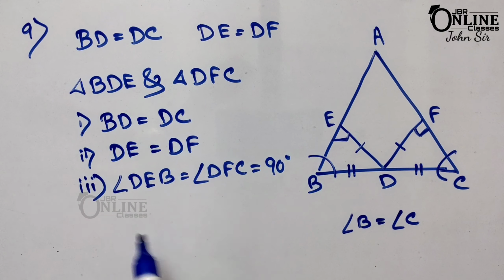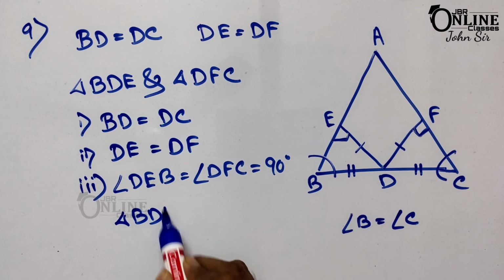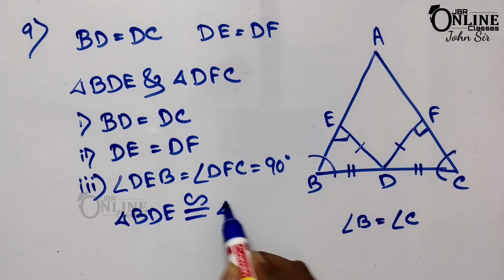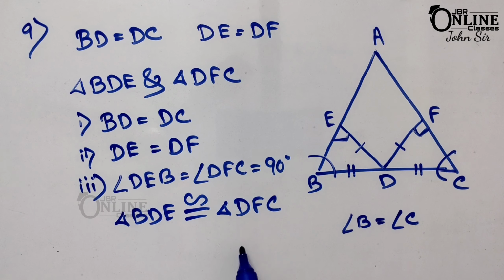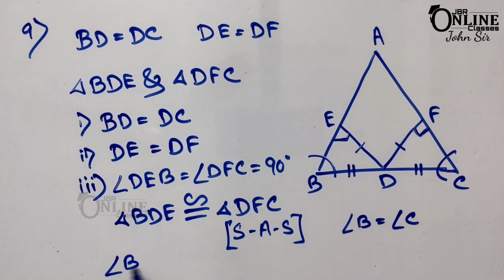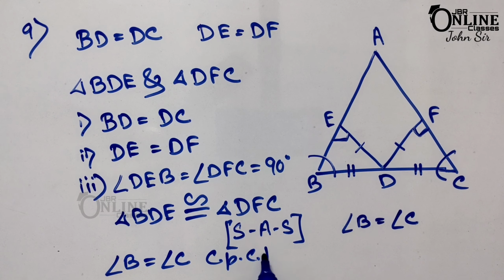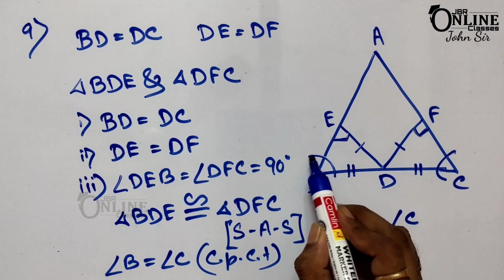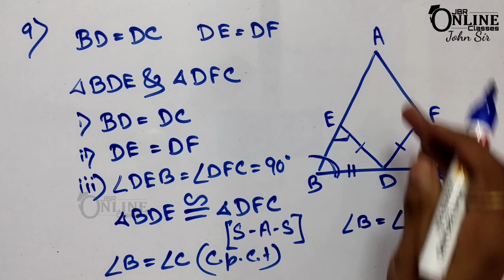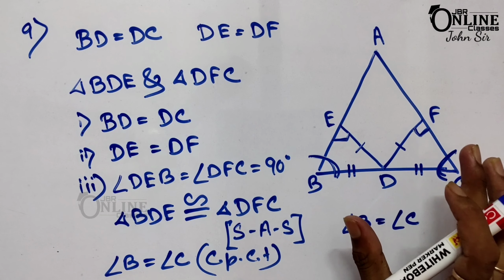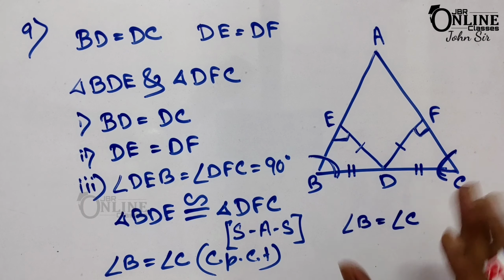So by these three conditions, triangle BDE is congruent to triangle DFC, and the rule here is SAS. Okay. So if these two triangles are equal, then definitely angle B equals angle C by CPCT. Clear? So angle B equals angle C, and if these two angles are equal, then definitely the whole triangle is an isosceles triangle.